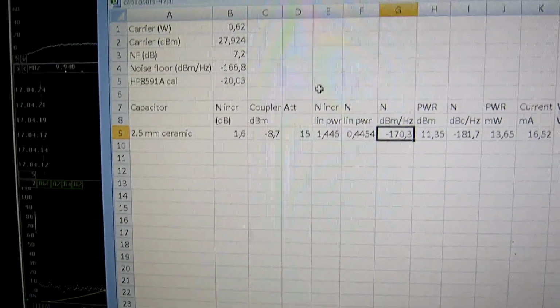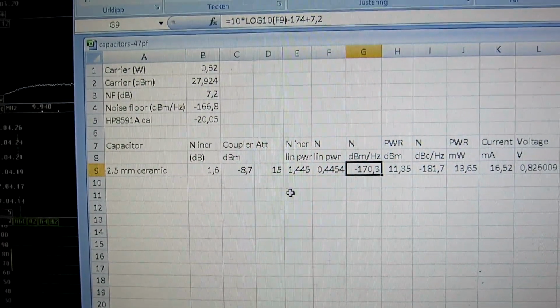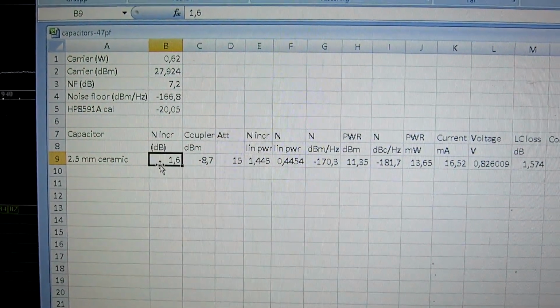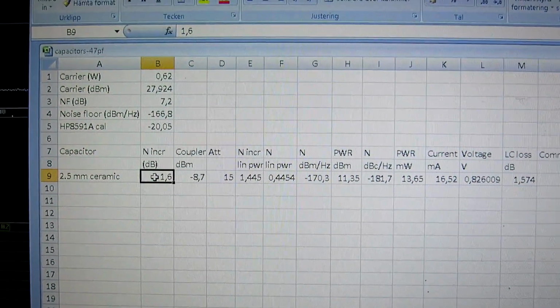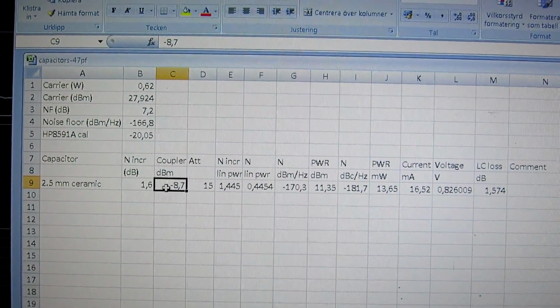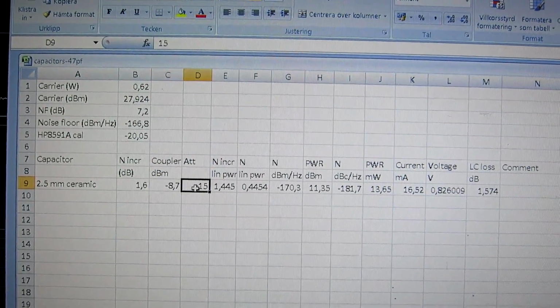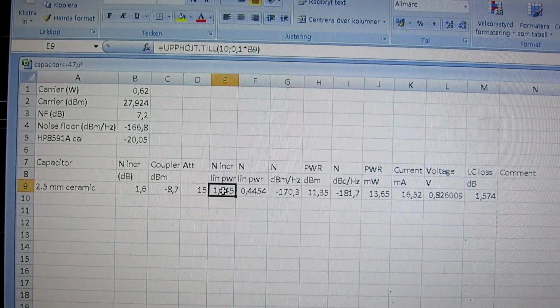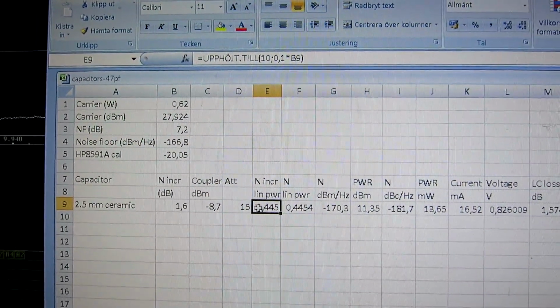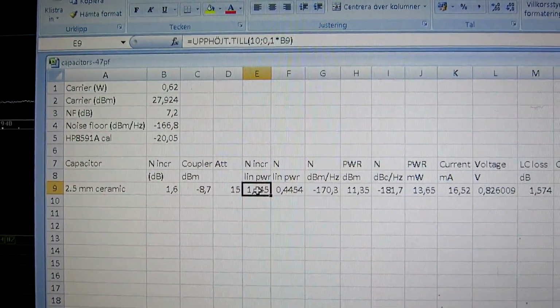I have put the information into this Excel spreadsheet, reading 1.6 dB noise increase, and this is the power I see on the spectrum analyzer, the attenuator setting. And here is the power in linear power scale.